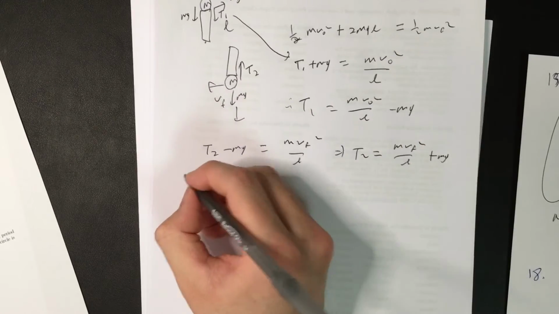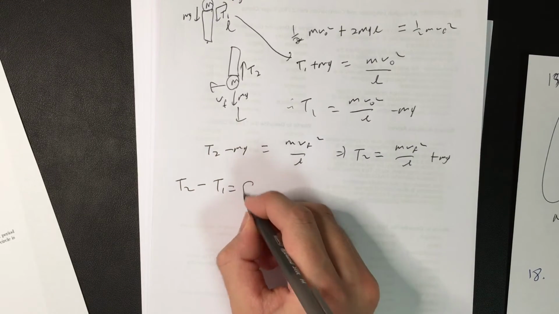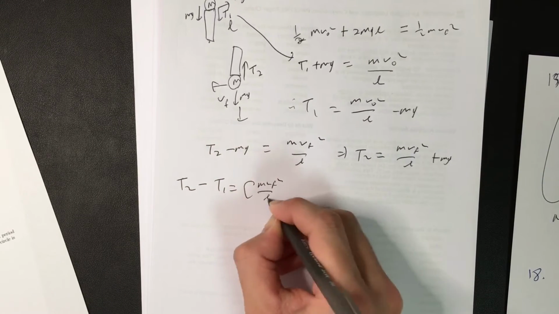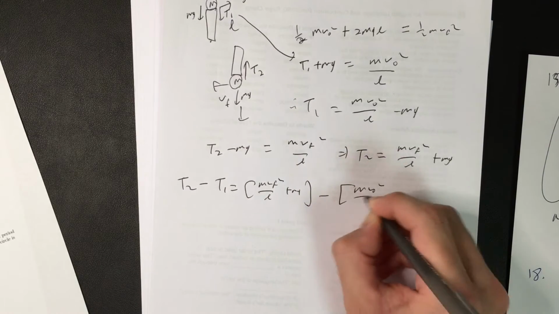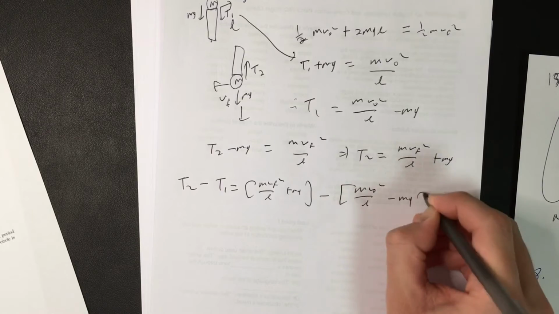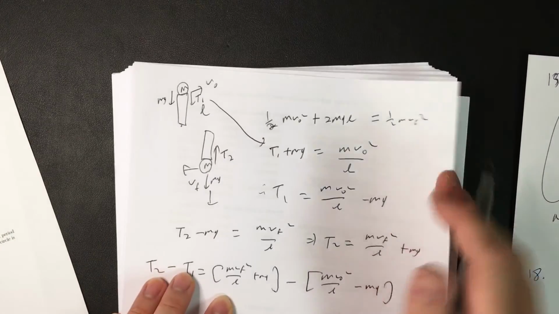If I take the difference between those two tensions, T2 minus T1, this would be m v final squared over L plus mg, subtracted by m v naught squared over L minus mg. Now from here, I'm going to plug in the value.